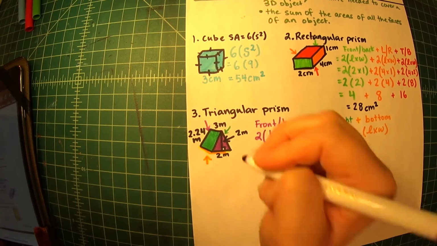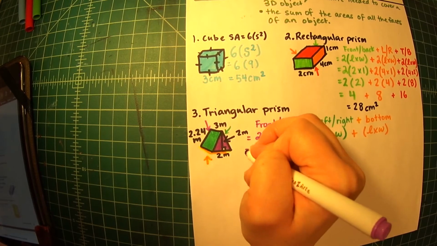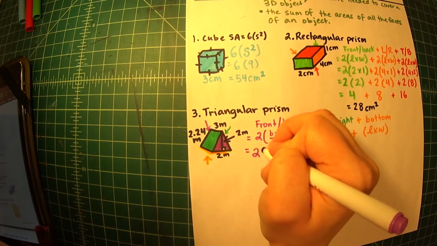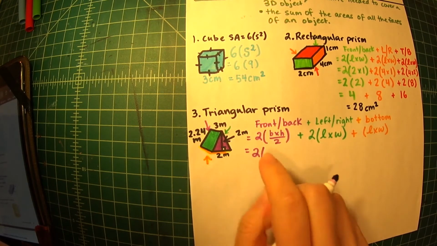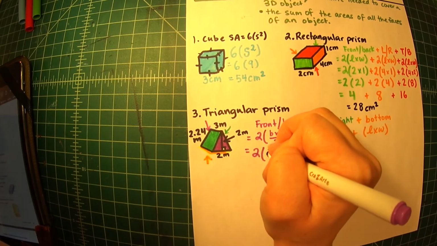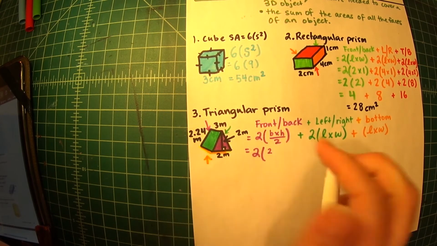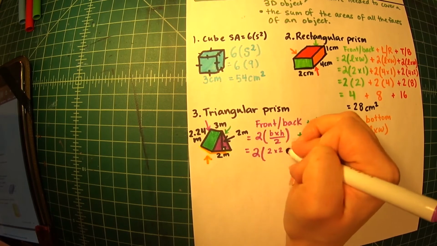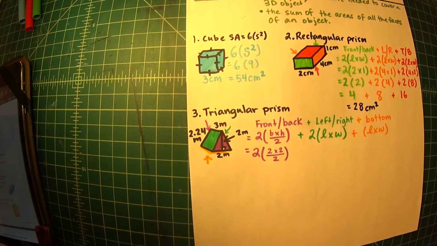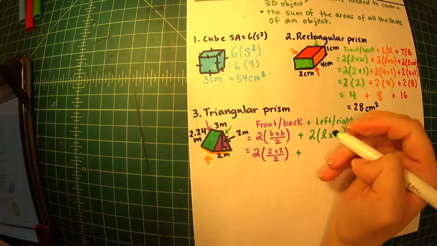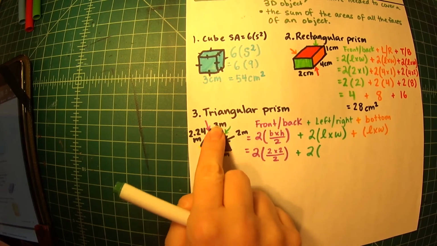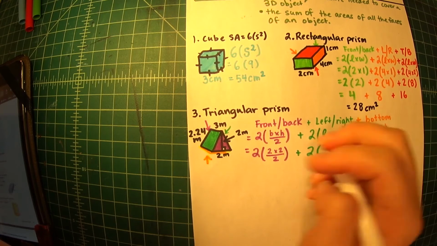So now let's start plugging in our values. So front and back, we will have to double it, whatever it comes out as. So the base of my triangular front face is 2. Height is also 2. 2 times 2 divided by 2. Left and right, I do have 2 of those faces, so whatever comes out for the area of the left, I'll double it to take care of the right.